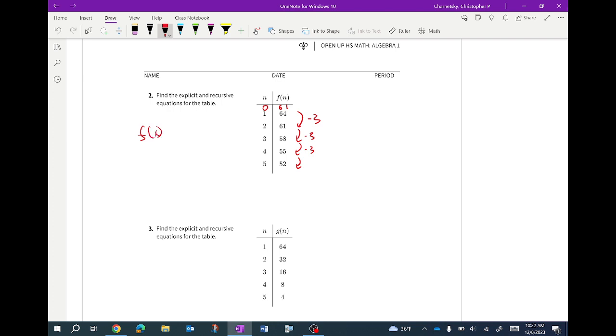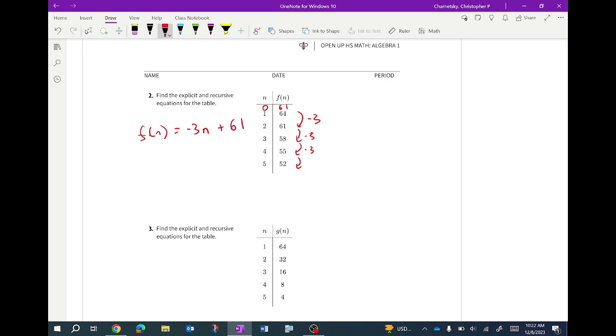so my explicit is going to be f of n equals -3n plus 61.